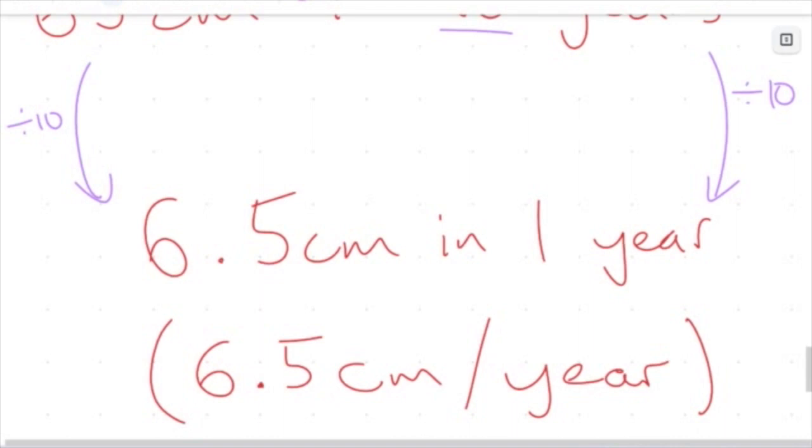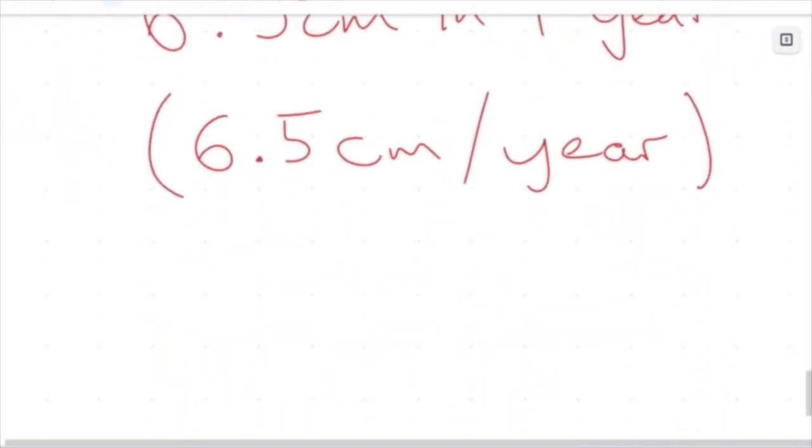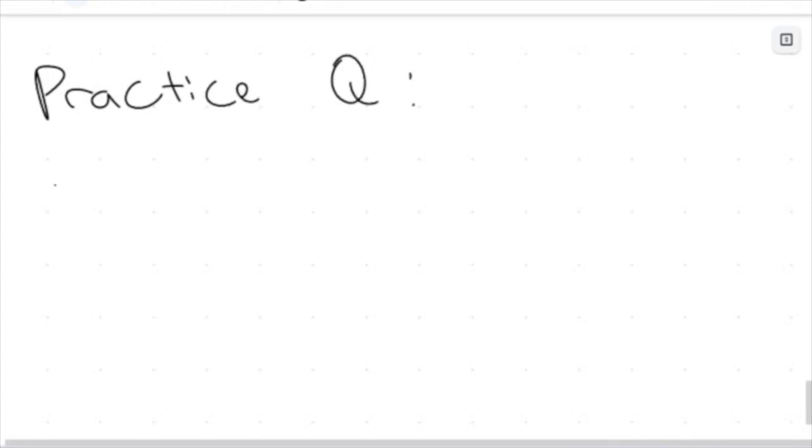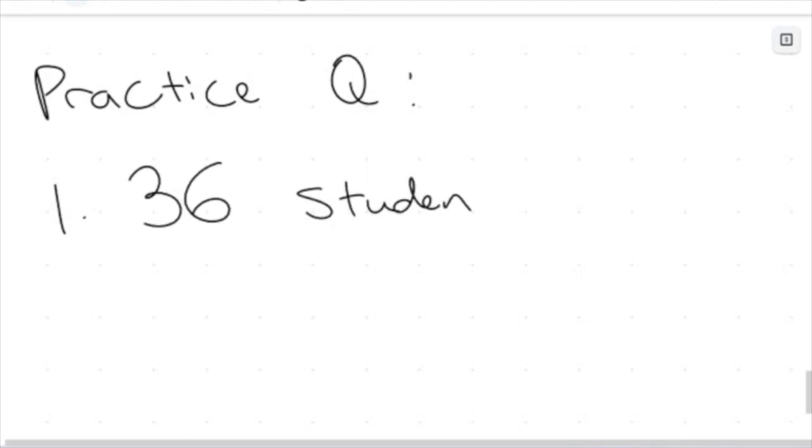But let me just give you one more question just to practice at home. So this is a practice question. I want you to write a simplified rate for if we have 36 students for 3 teachers.